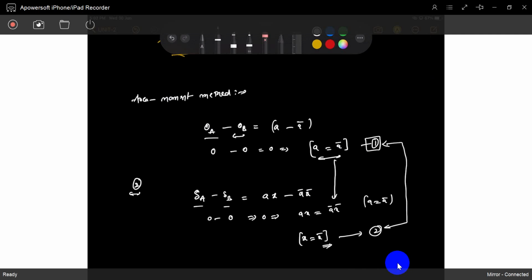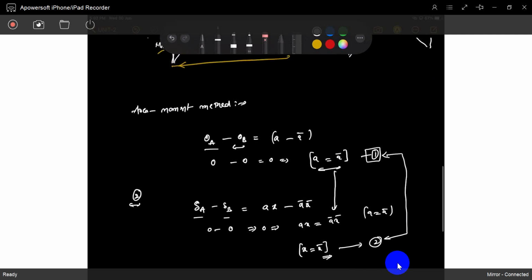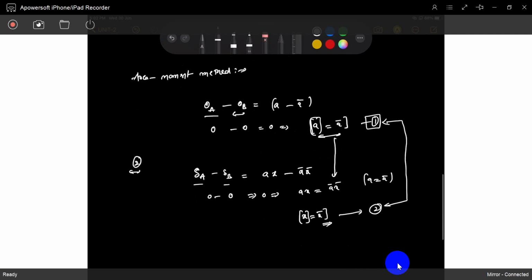So the two extra equations we required are: first, the area of the simply supported bending moment diagram is equal to the area of the fixed end moment diagram. And the second equation we get is that the center of gravity of the bending moment diagram for the fixed end beam from one joint is equal to the center of gravity of the simply supported bending moment diagram.